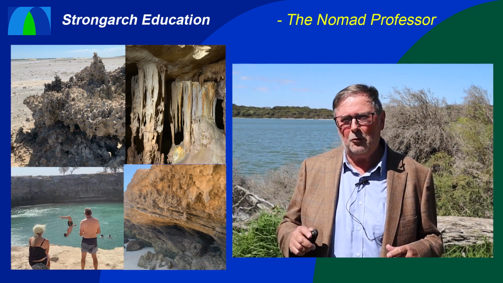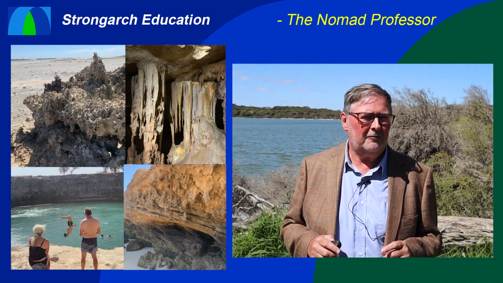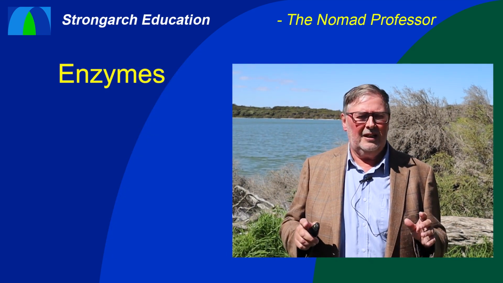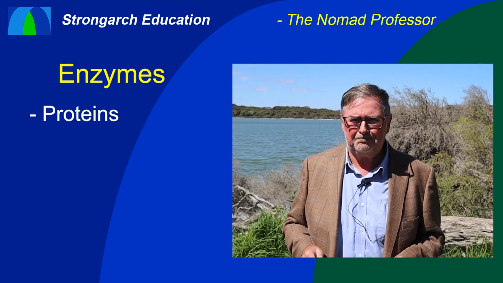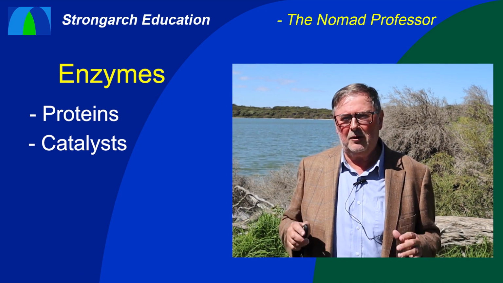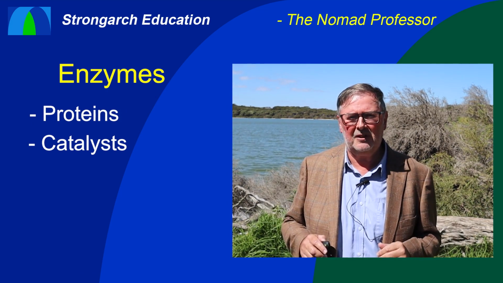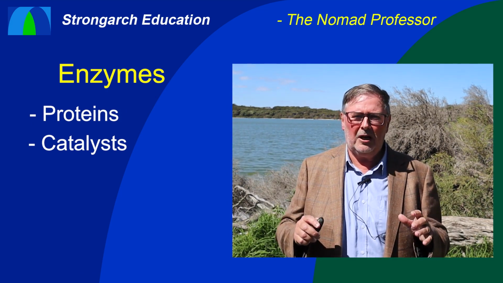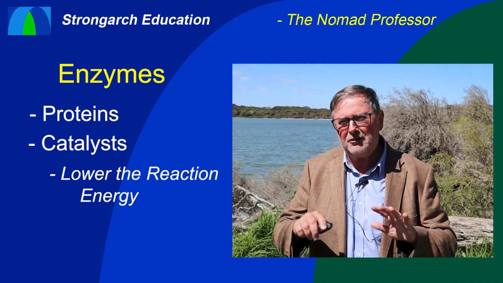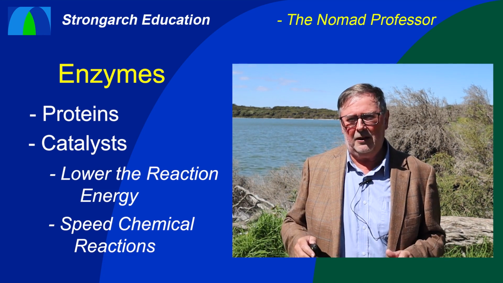But before talking about that, we really need to spend a few minutes speaking briefly about enzymes as a class of proteins. Now, enzymes are a class of protein that all catalyze chemical reactions, multiple different types of chemical reactions. They work by lowering the reaction energy and making chemical reactions much faster than they would be otherwise.